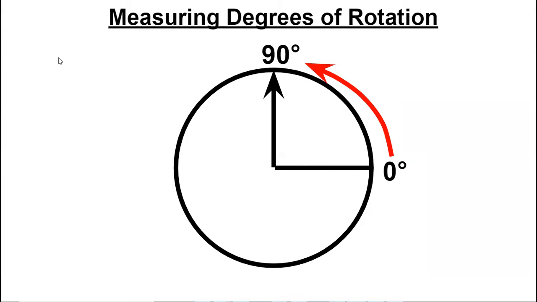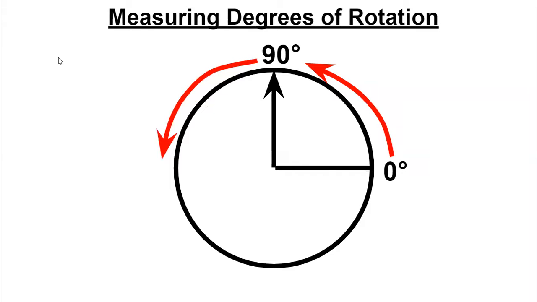If I keep going around the circle, I now get to this point. Every quarter of the circle is another 90 degrees. So if I'm adding 90 degrees to the top to get to the new point, what is that number going to be? 90 plus 90, 180 degrees.